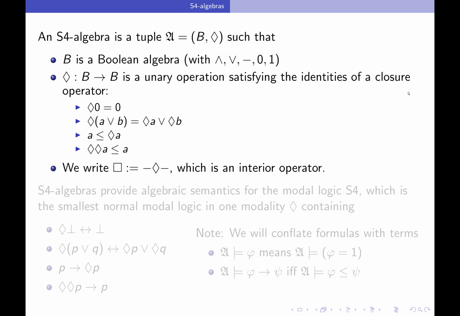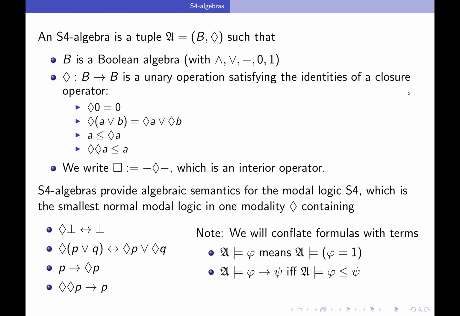That's what these four identities say. In the abstract I mentioned that these are also called interior algebras. I could also write box, which is just not diamond not, and that would be an interior operator. Which one you choose to take as native is up to you. They're interdefinable over a Boolean algebra.